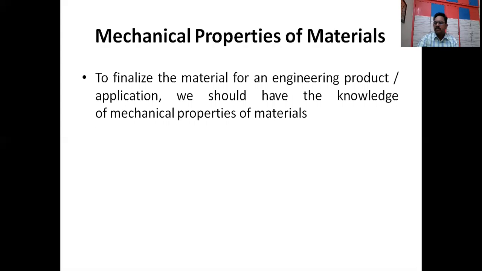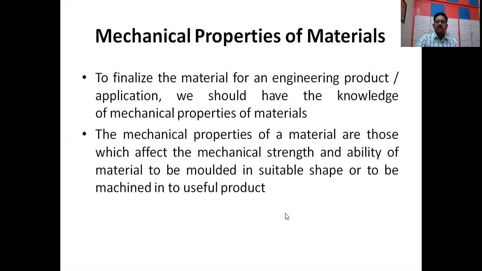What is the importance of mechanical properties? The mechanical properties of materials are those which affect the mechanical strength and the ability of the material to be molded into a suitable shape or to be machined into a useful product.